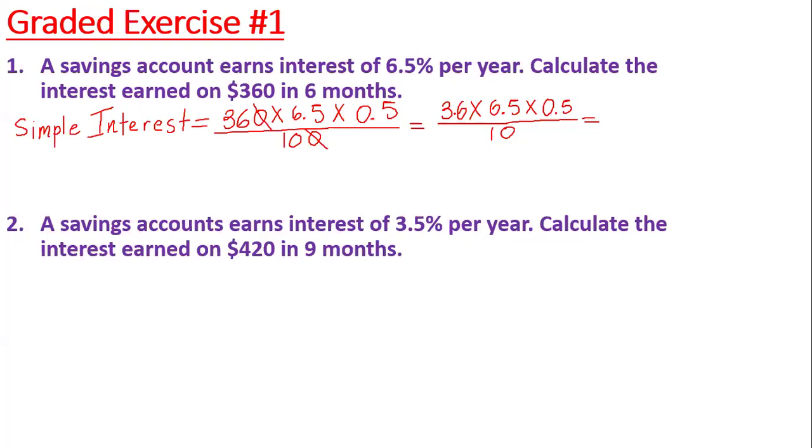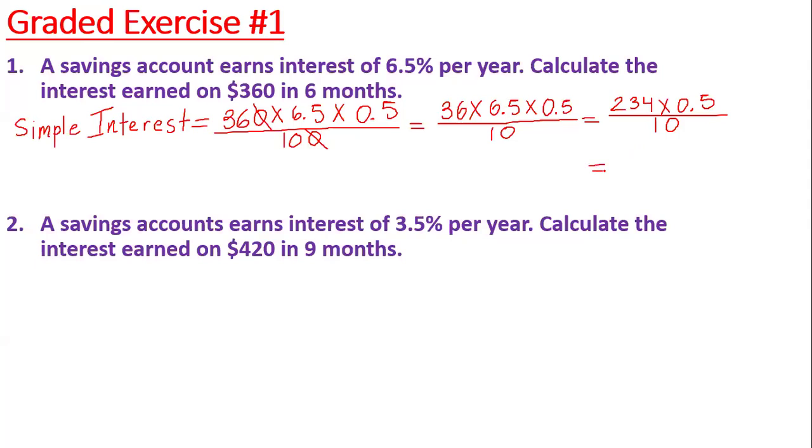When you multiply them, what did y'all get? 234. Very good. So it's going to be 234 multiplied by 0.5, very good, all over 10.